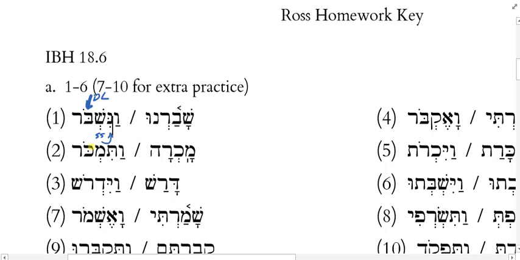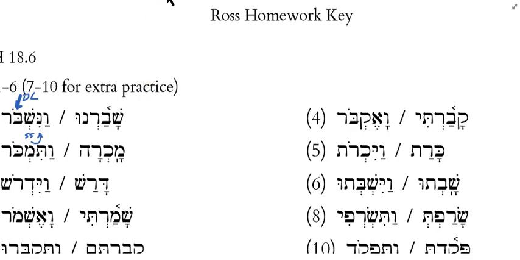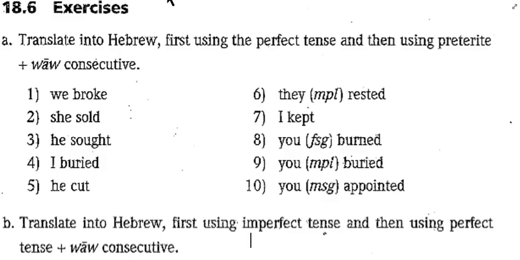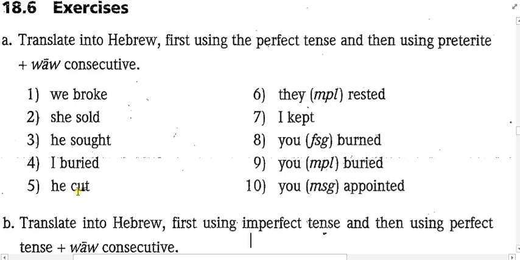All right. Okay. So number 5, over here for the Qal perfect. Let me pull up the Ross homework. Okay. He cut. So it's basically just the root word that we have in the Qal perfect, karat, and then assume that it is without suffix, that it is 3ms.